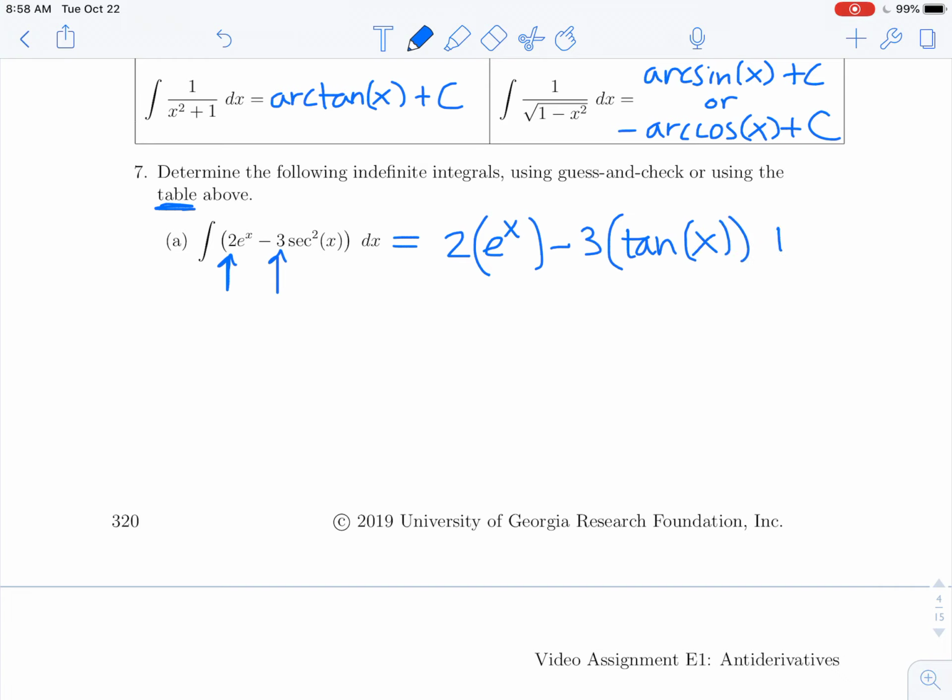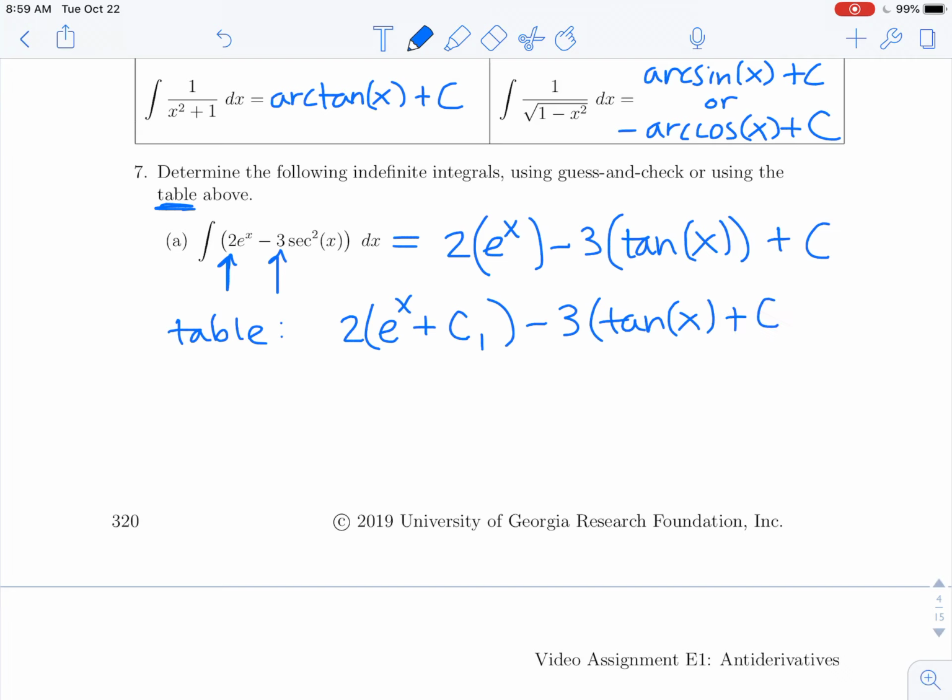And then we need to put a plus c on the end. Now, if you were strictly going by the table, you might have said, well, this should be 2 times e to the x plus a constant, which I'll call c sub 1, and then minus 3 tangent of x plus some constant, which is probably a different constant, so call it c sub 2.